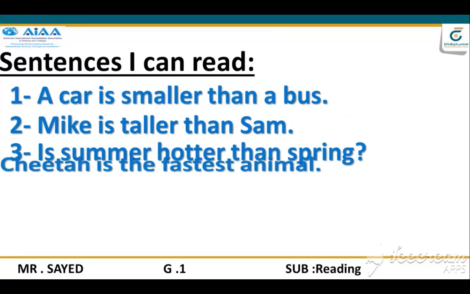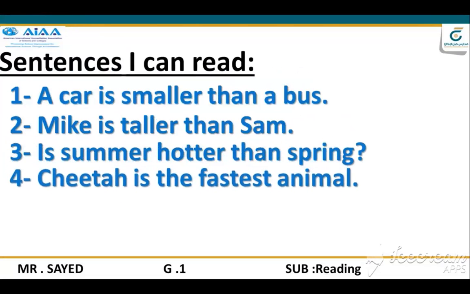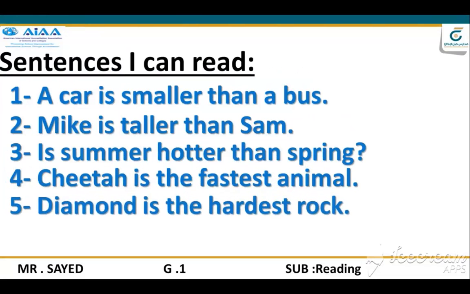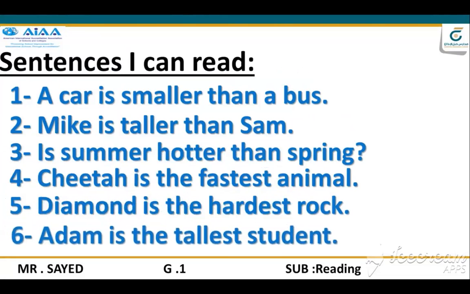We certainly hope so. Cheetah is the fastest animal. So they're comparing the cheetah to all the other animals. And diamond is the hardest rock. So they're comparing the hardness of a diamond to all the other rocks. And Adam is the tallest student.